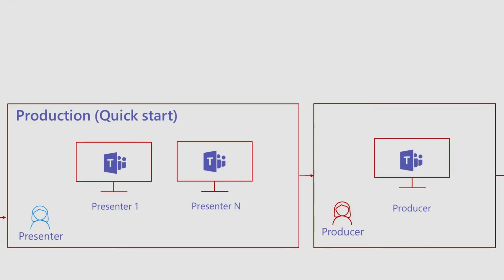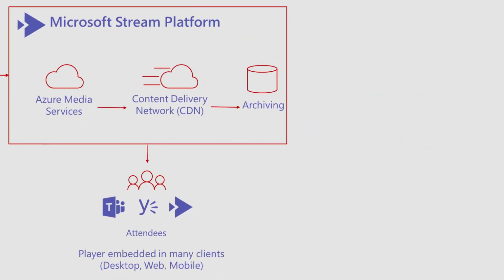Okay, that was the production for Quick Start. Let's see how we consume this. This is rendered through Azure Media Services, and you get it from the content delivery network within Azure, which means that all users will go on the internet to get the stream. And if you have a lot of internal users, then you need to think about whether you need a third party to optimize that stream.